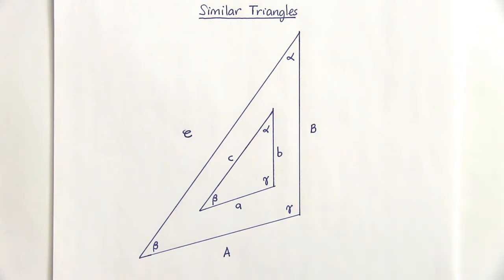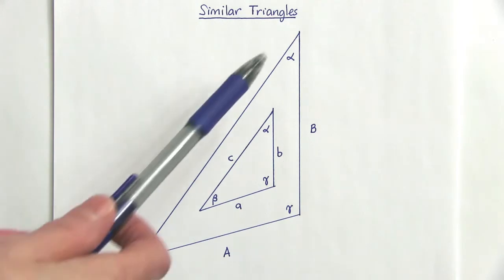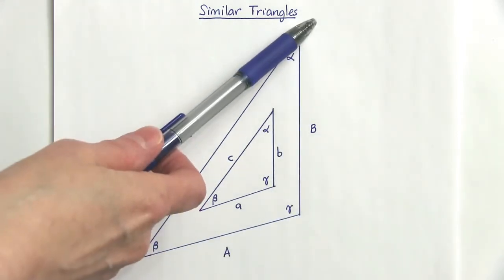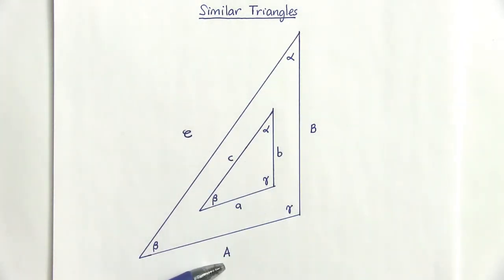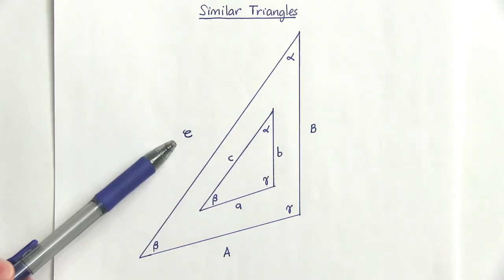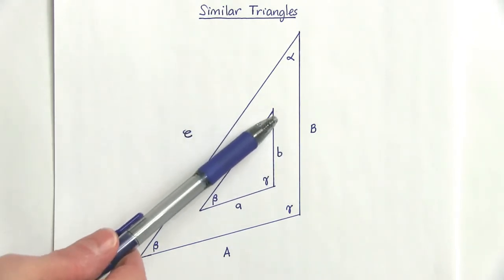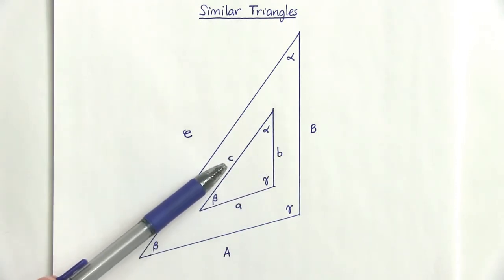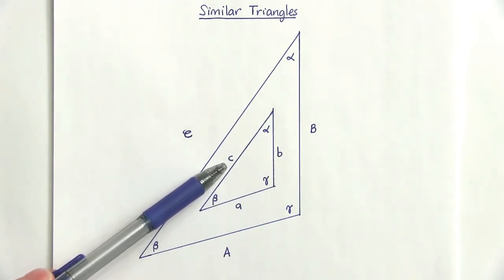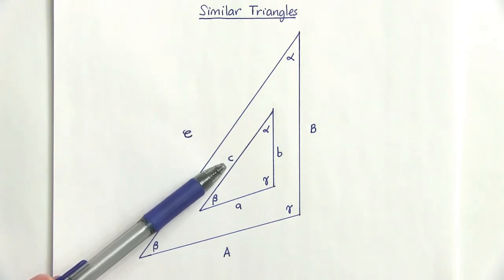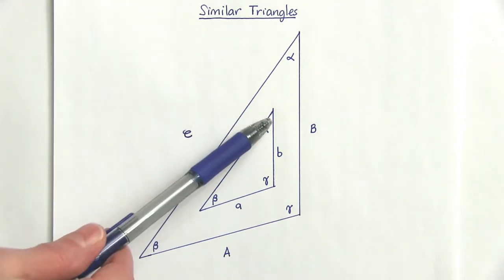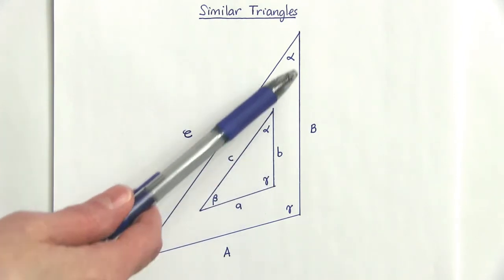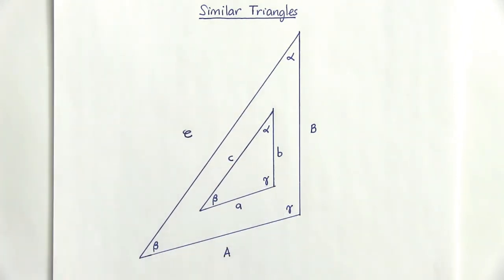For example, in this picture, my larger triangle with side lengths big A, big B, and big C is similar to my smaller triangle with side lengths little a, little b, and little c, because each of these triangles shares the same set of interior angles, alpha, beta, and gamma.